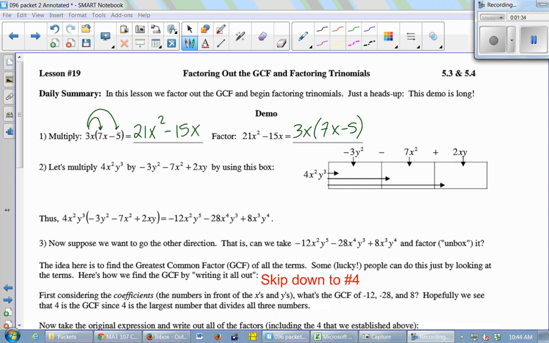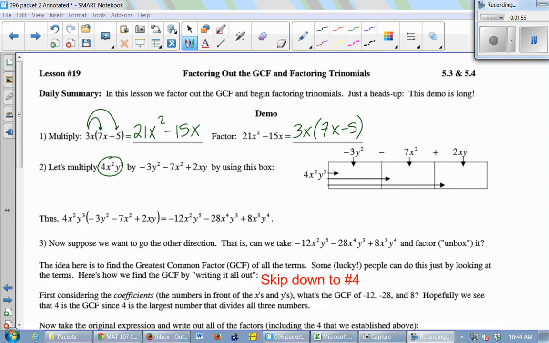Okay, so last class we did this multiplication. Let's do it again. I'm going to multiply 4x squared y cubed by negative 3y squared minus 7x squared plus 2xy. Last class we did this with boxes. We took one of the factors, the 4x squared y cubed, and made it the width.